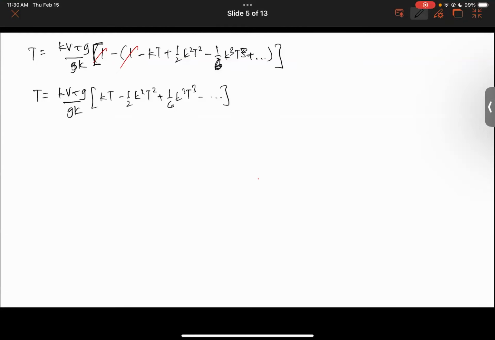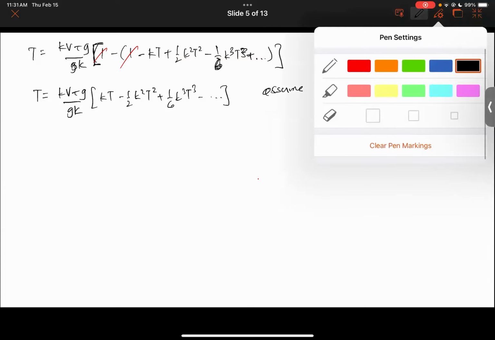First na assumption natin. We assume that k is small, which means na hindi na natin isasama yung, well, not that small siguro. Hindi natin isasama yung mga terms from the third term.